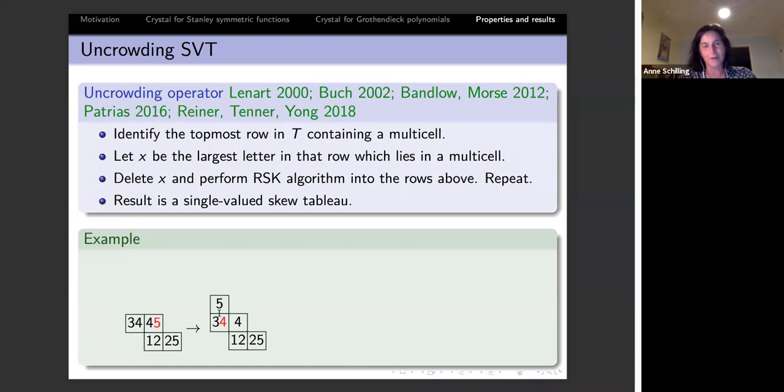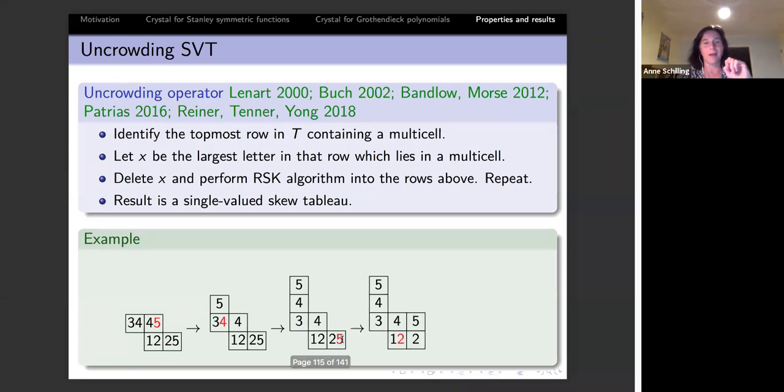And then you repeat. Now you look at the highest row that has a box with multiple letters, and the largest letter there, which is the 4, and you RSK it into the next row. That 4 will bump the 5, and then you repeat. Now you take the 5 and RSK it, so that it just sits above the 2.